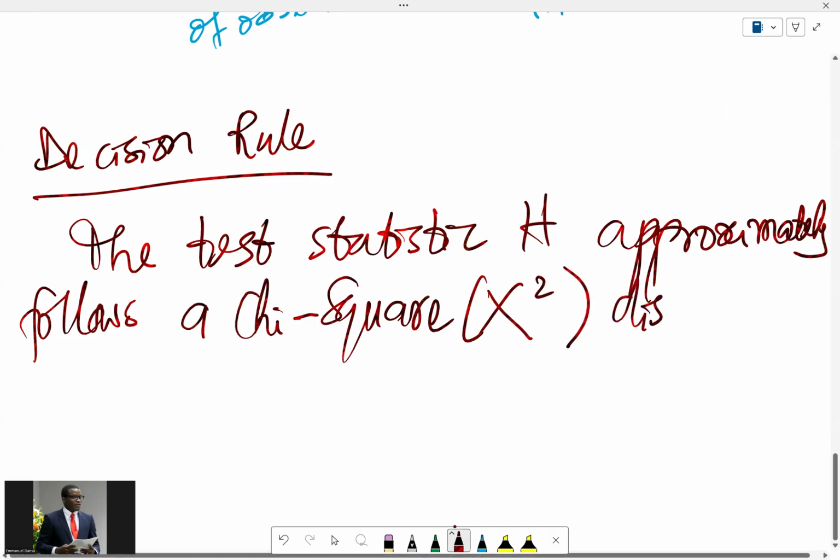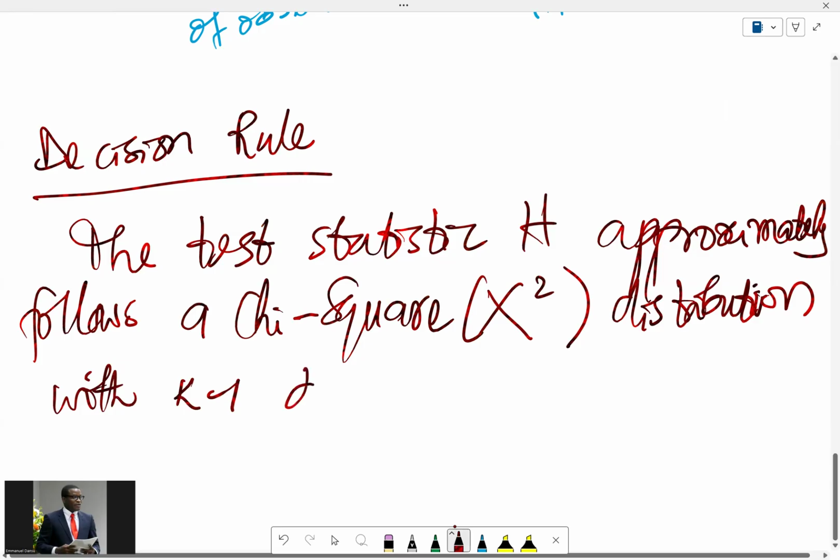So it approximately follows a chi-square distribution with k minus 1 degrees of freedom.